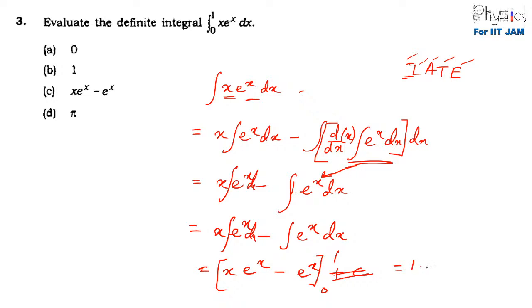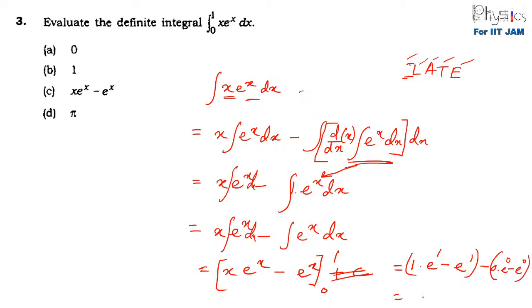So for definite integral we don't need it and we can put 0 to 1 here and we get 1 multiplied by e to the power 1 minus e to the power 1. This is for putting 1 in place of x, and 0 multiplied by e to the power 0 minus e to the power 0, right?